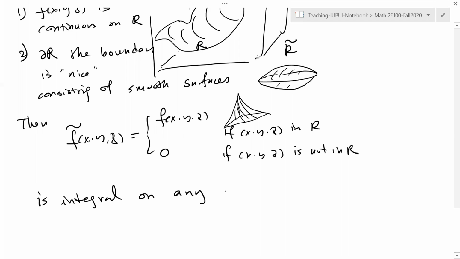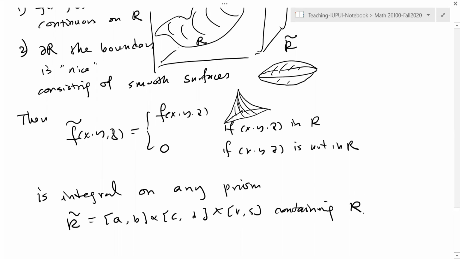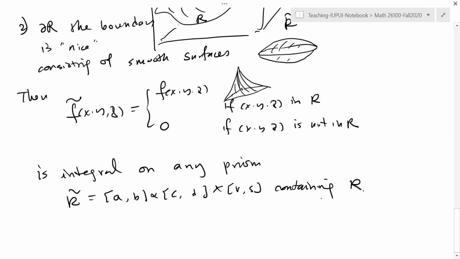We call it a prism, this R2 with corners A, B, C, D, R, S, T, containing this R. And the value is independent of how big the box is.